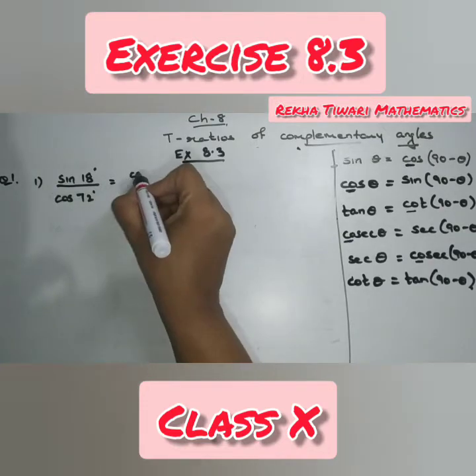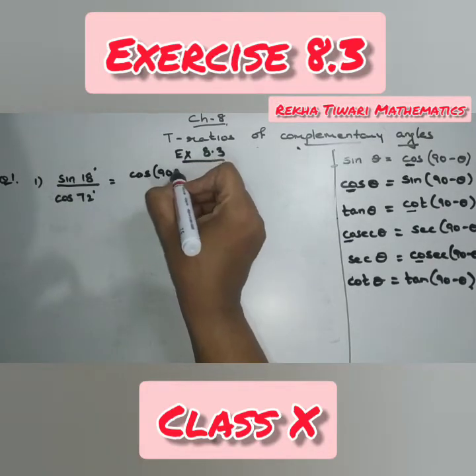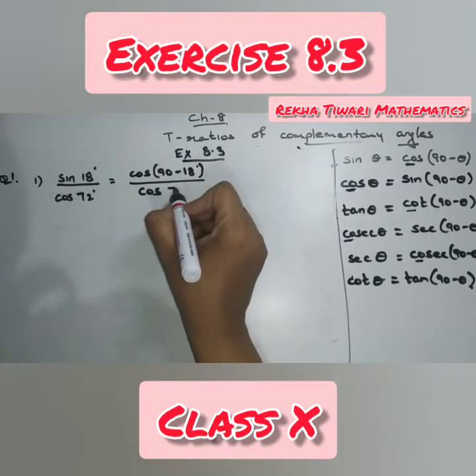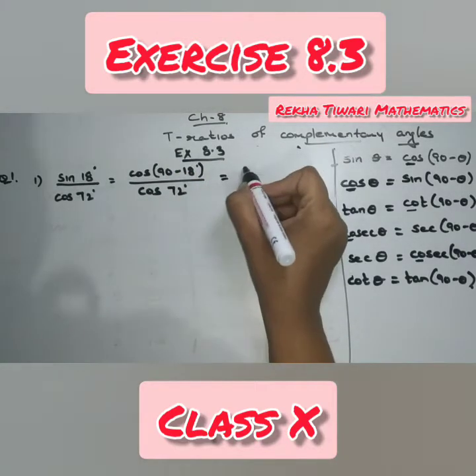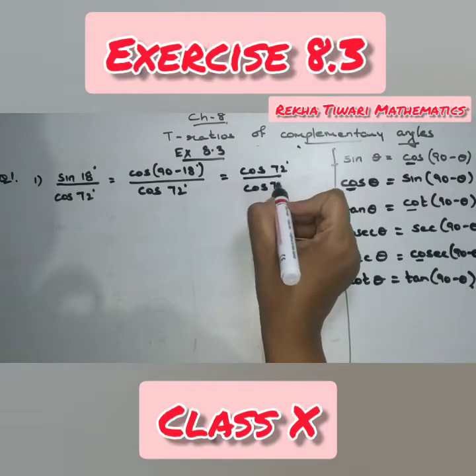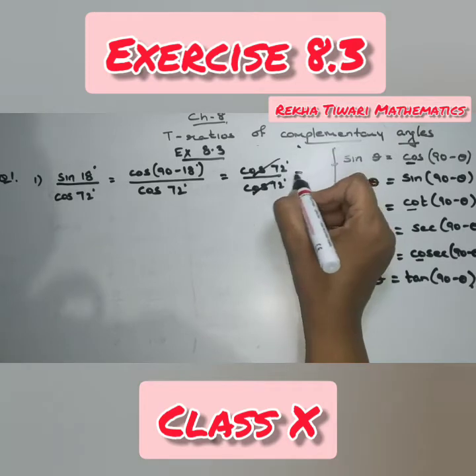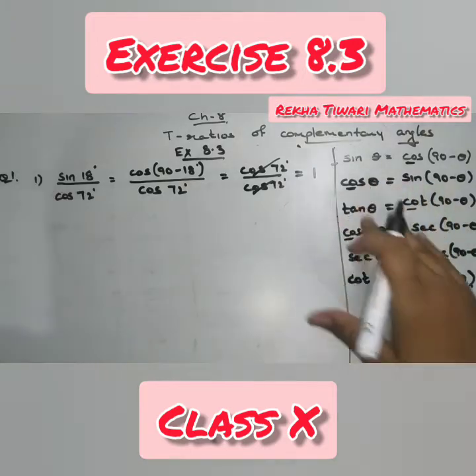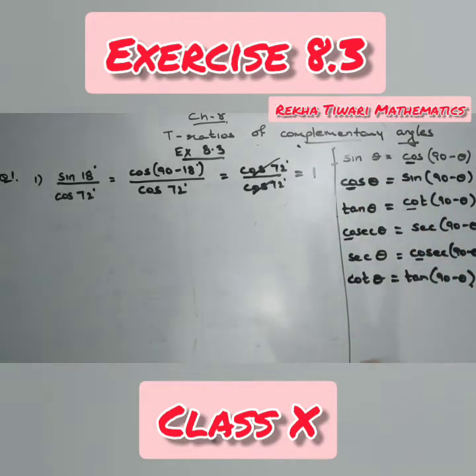So this could be written as cos 90 minus 18 degree, and let the denominator remain the same. So this comes out to be cos 72 degree upon cos 72 degree. Cancel these two. Answer is 1. That's it. In this way you have to solve such type of questions. So just remember the complement of the ratios, nothing else.